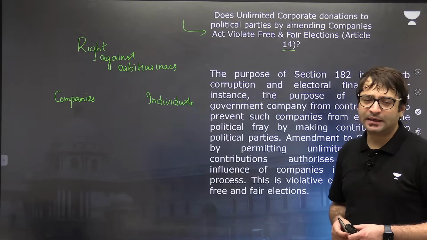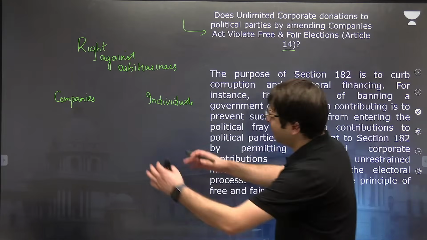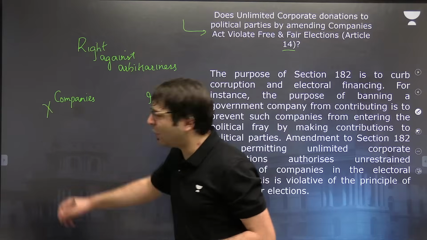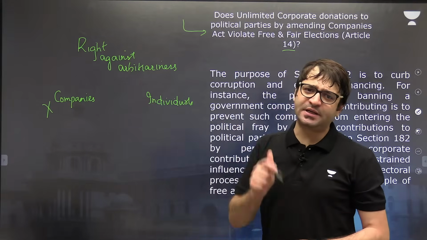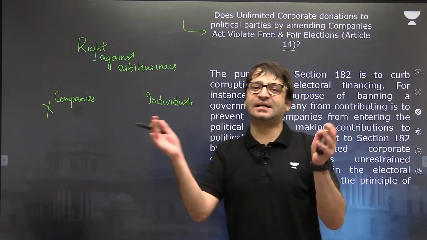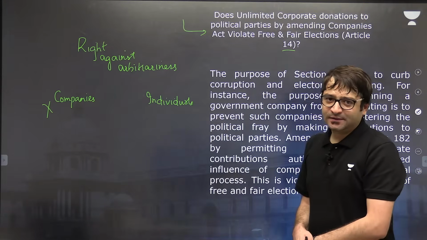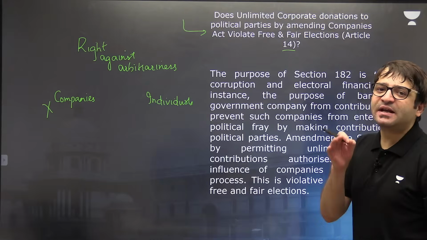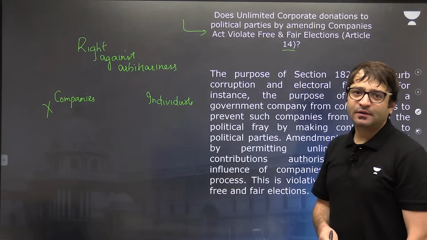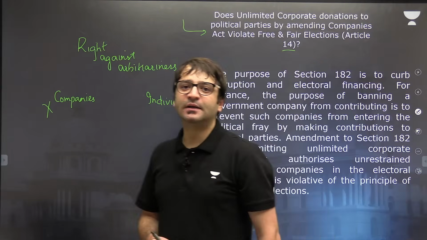There is a limit. The government said, we want to treat them equally by reducing or eliminating the limit for the companies as well, by treating individuals and companies alike. The Supreme Court said this is manifestly arbitrary, violates Article 14, which talks about the right against arbitrariness. Why?